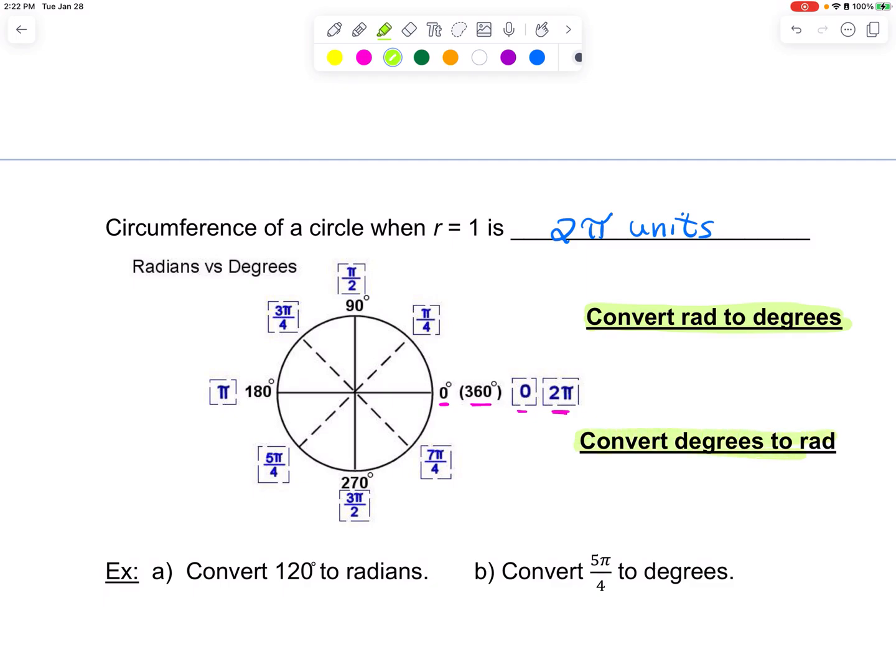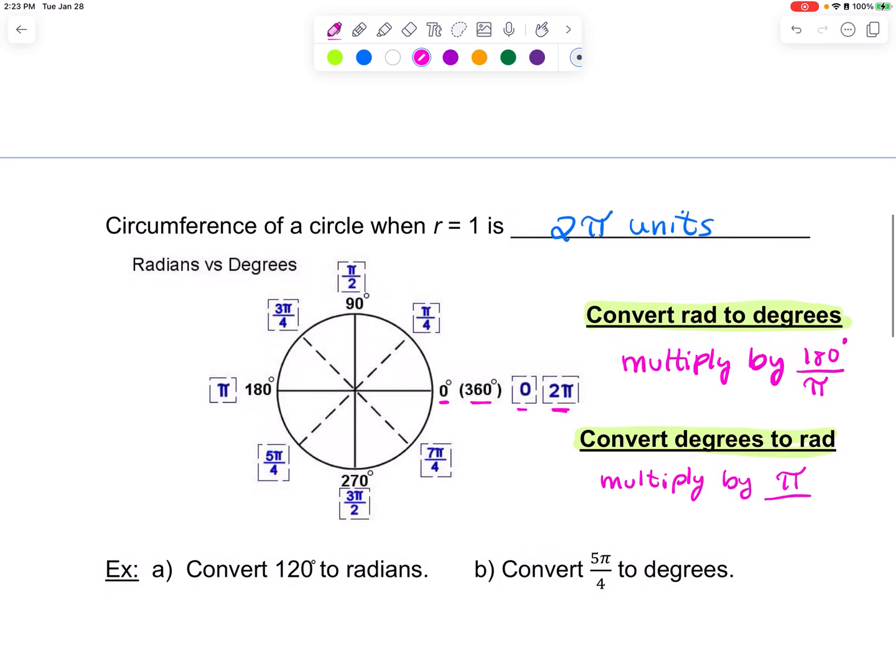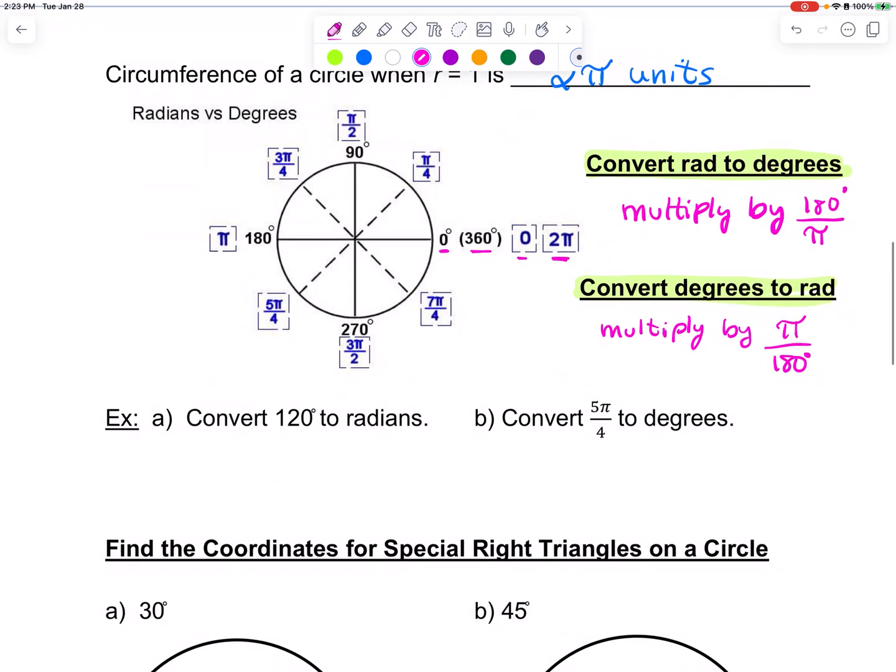We can convert back and forth from radians to degrees and degrees to radians. So think about it.